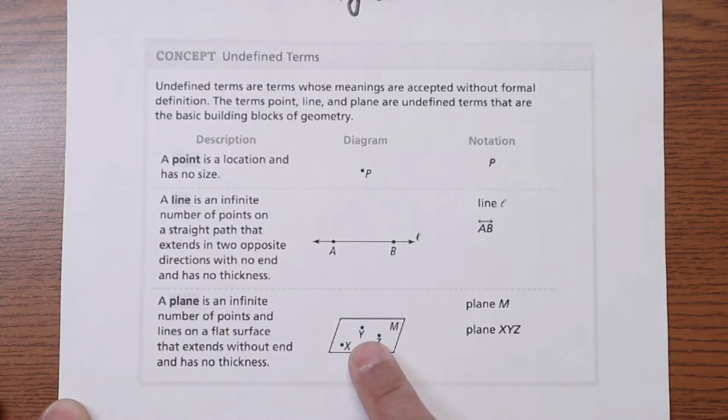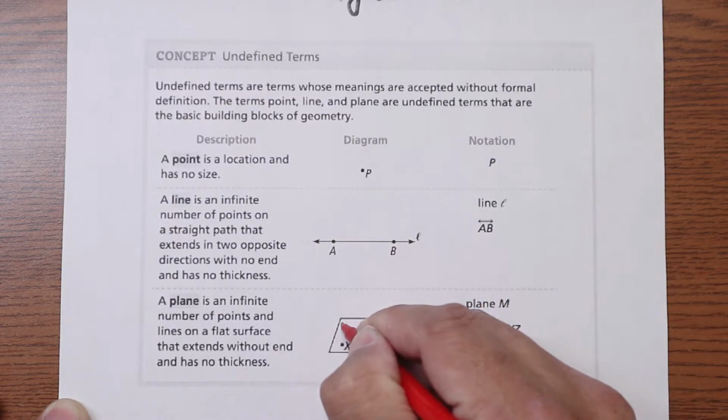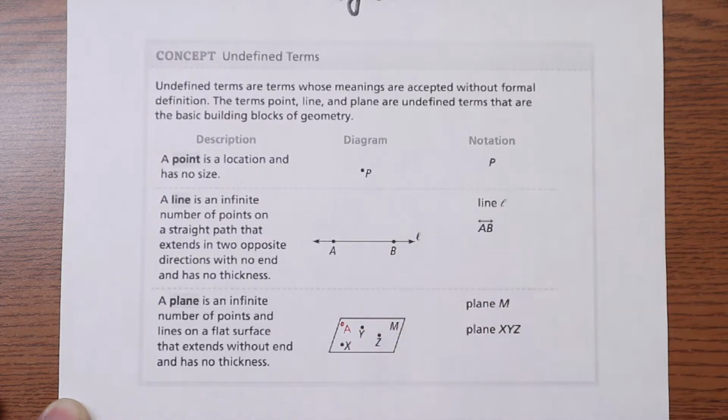But if there are 3 points on the plane, then you could use 3 points to name the plane. Now, you cannot use 2 points and you cannot use 1 point. To name a plane, you need to use all 3 points. Now, of course, if there's an extra point, let's say I'm just going to create one here, and let's say you have a point A. Then you have a lot of ways to name this plane.